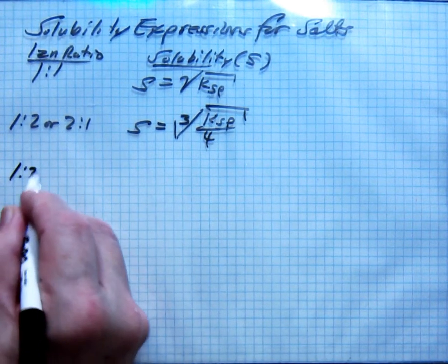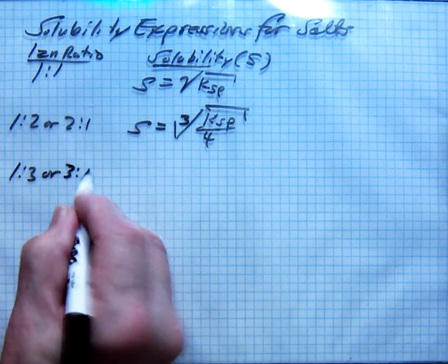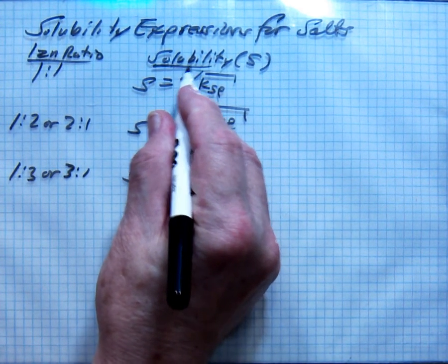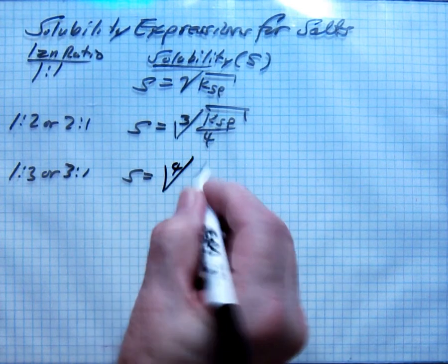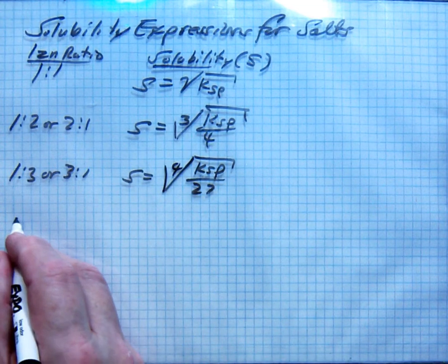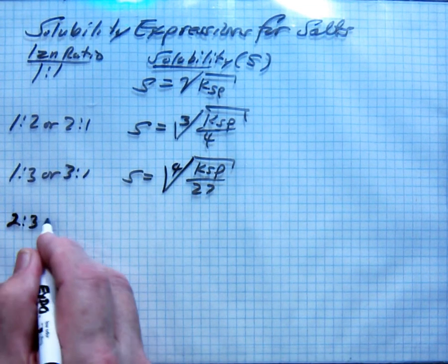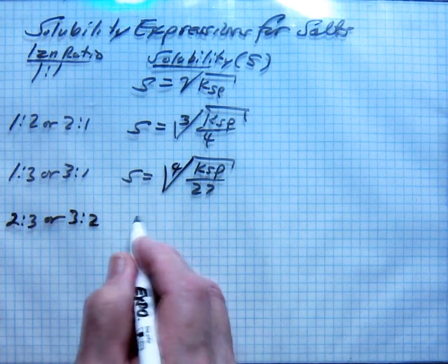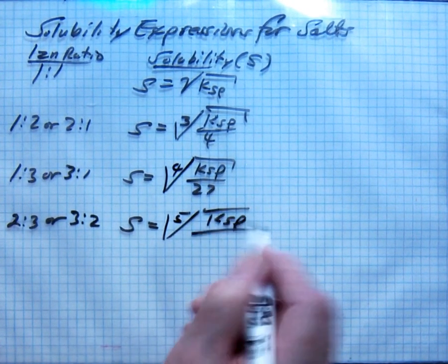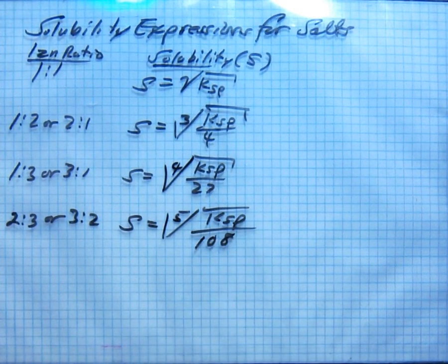And if it's a 1-to-3 or 3-to-1, solubility is the fourth root of KSP over 27. And if you have a 2-to-3 or 3-to-2, solubility is the fifth root of KSP over 108.